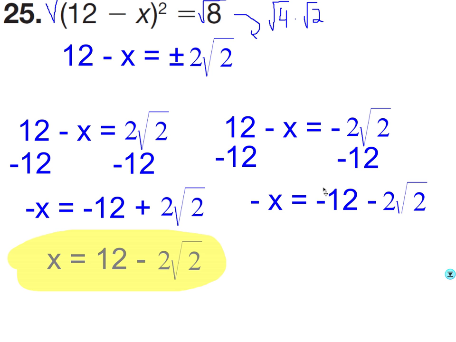I'm writing the whole number term first and the radical term second, although truthfully I don't think it matters. But then here again, I've got a negative x. I can't have a negative x. I've got to factor that out. So it becomes positive x equals positive 12 plus 2 root 2. And that is my other solution.